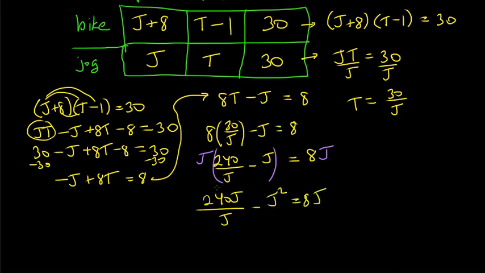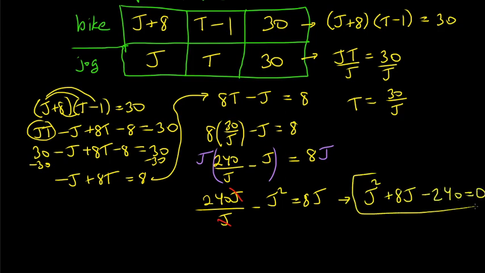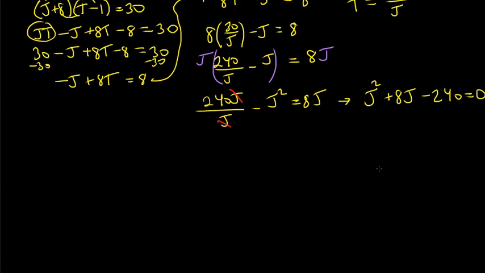So, yep, on the very left here, the j's cancel. And when you form the quadratic equation, I think you get j squared plus 8j minus 240 equals 0. So that's your standard quadratic equation. We're using j instead of x. Don't let that bother you.